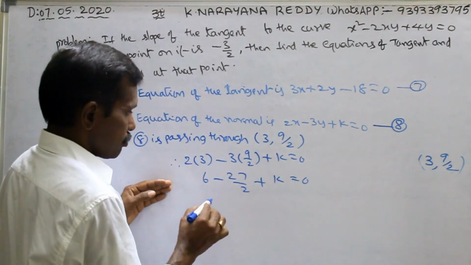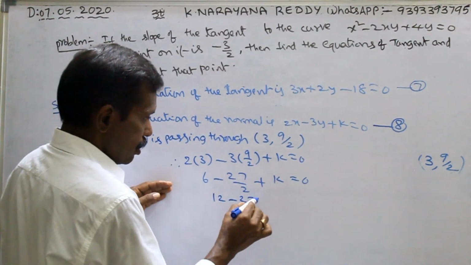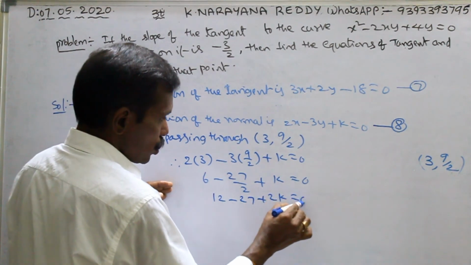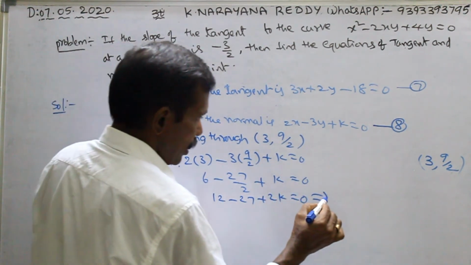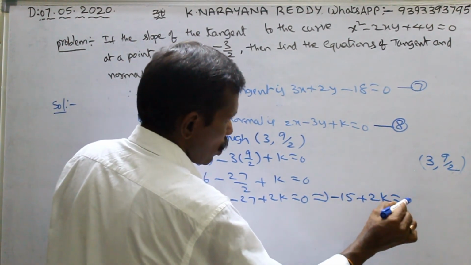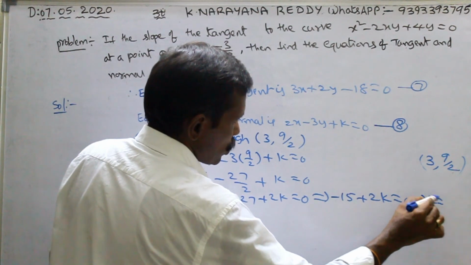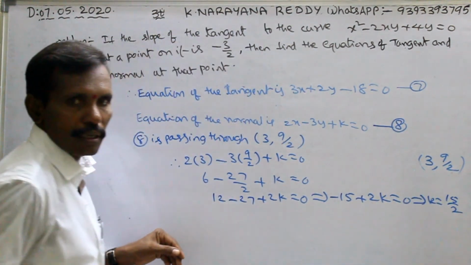Now LCM. 12 minus 27 plus 2k equals to 0. That implies minus 15 plus 2k equals to 0. That implies k equals to 15 by 2. Yes.